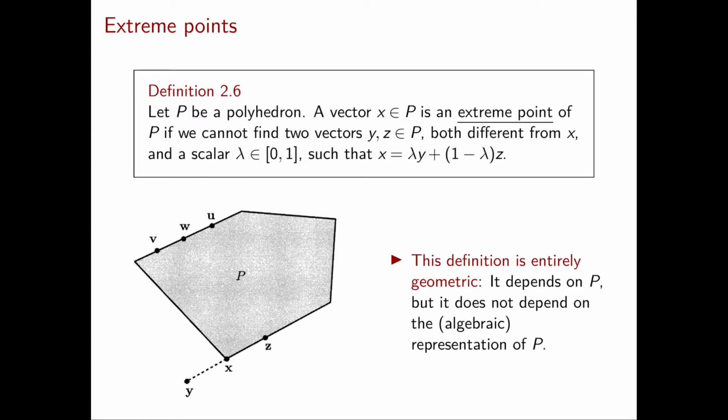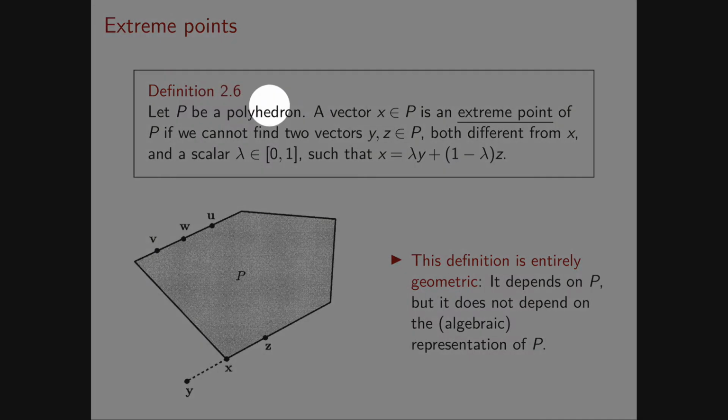Let's see the formal statement. Let P be a polyhedron. A vector x in P is called an extreme point of P if we cannot find 2 vectors y and z, both in the polyhedron and different from x, and a scalar lambda such that x is equal to lambda y plus 1 minus lambda z.